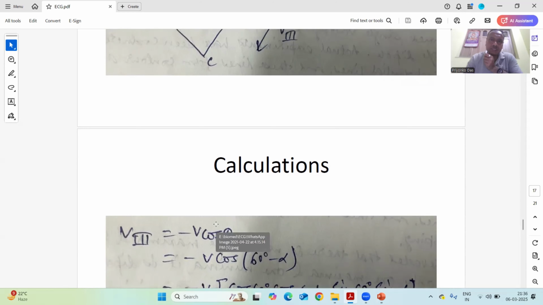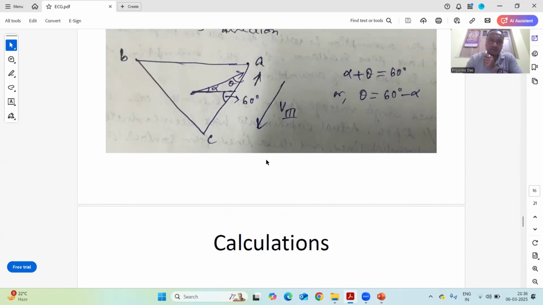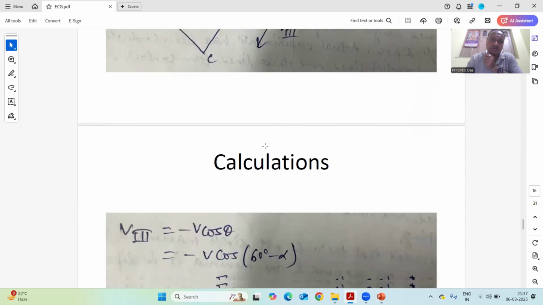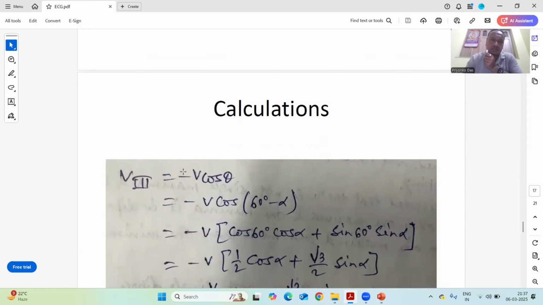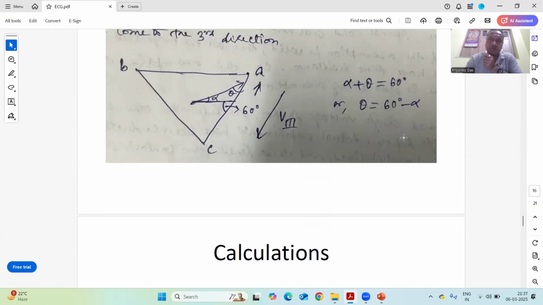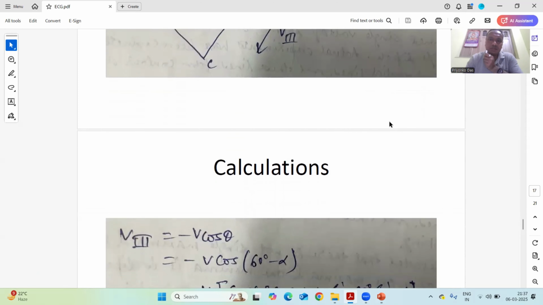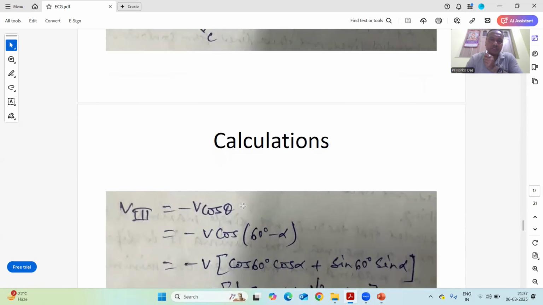Theta is this angle, and the minus is because the main component V was acting in the upward direction, V3 in the downward direction. So I will consider this V3 as minus of V into cos theta. Now as the value of theta we have found out is already 60 minus alpha, I'll put the value of theta as 60 minus alpha.